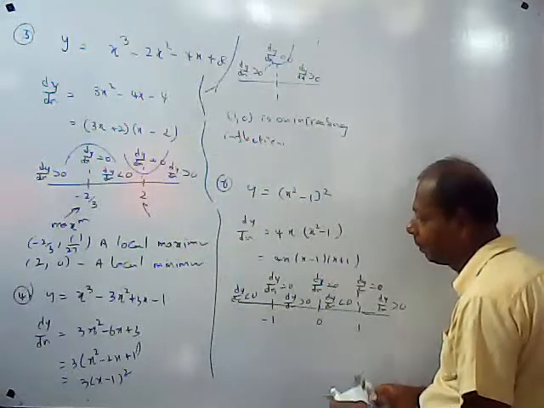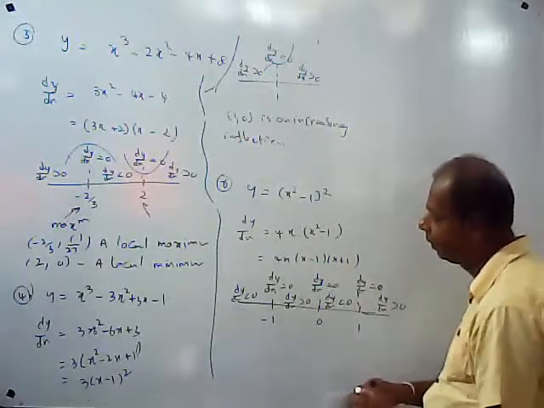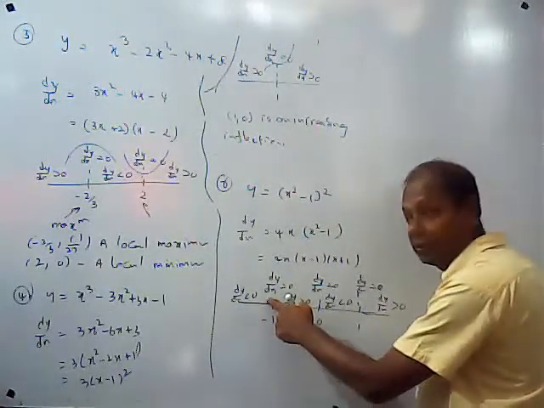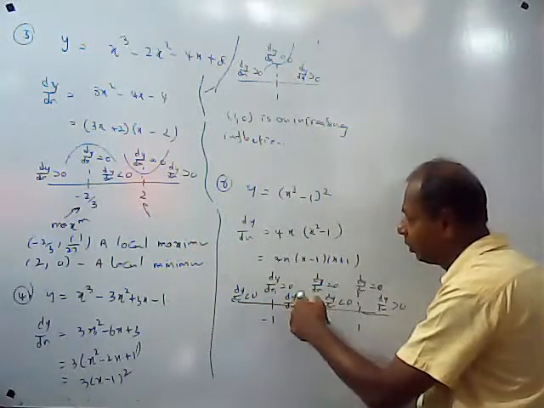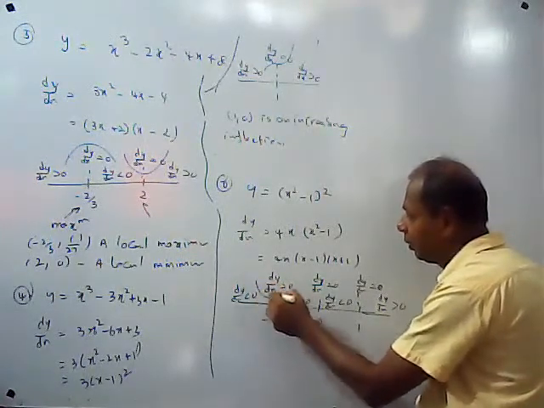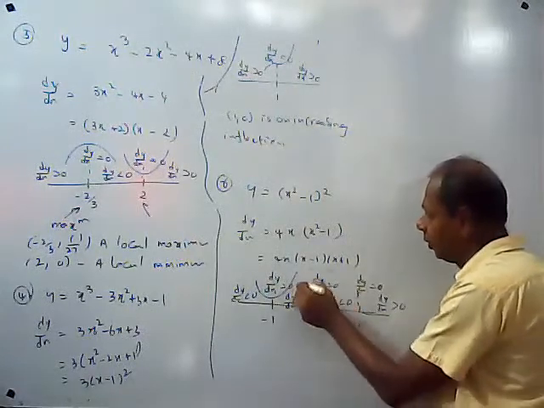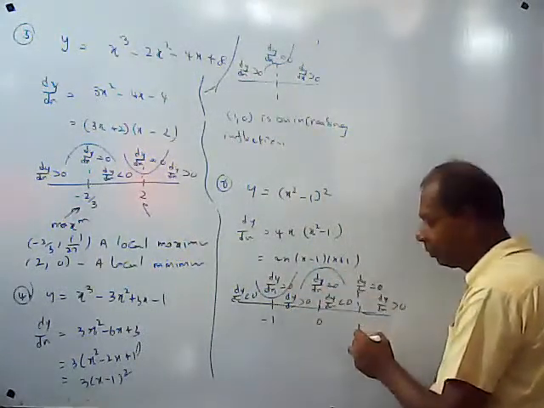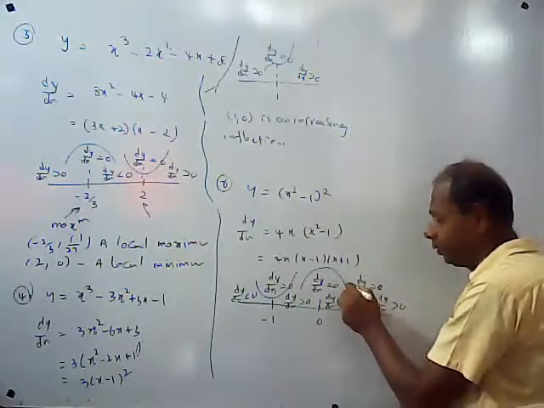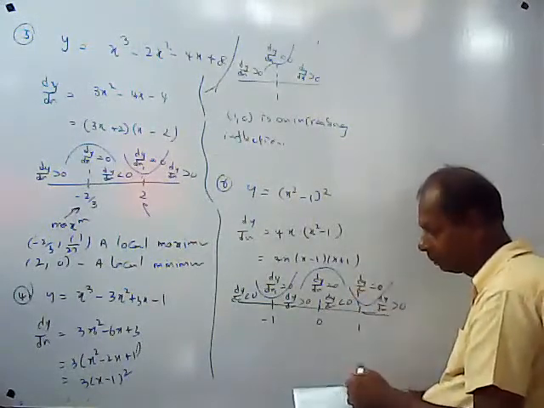So at minus 1 it changes from minus to plus, a local minimum. At 0 it is plus to minus, a local maximum. At 1 it is minus to plus again, a local minimum. Right?